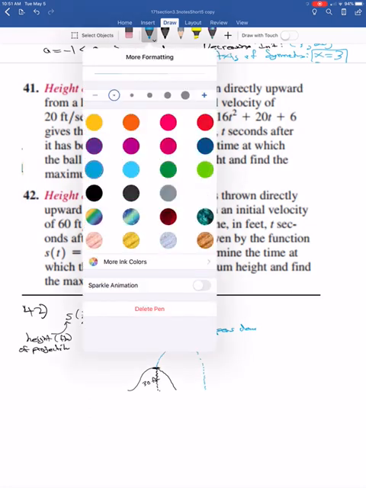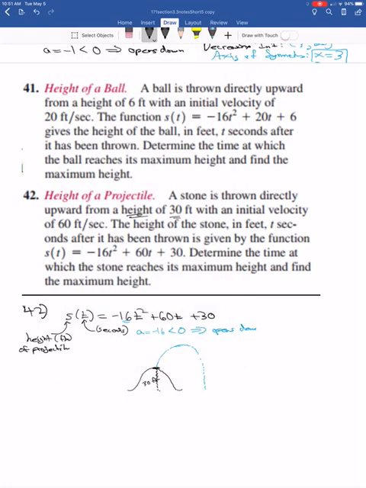So as you see here, there's a visual. Here's the ground. There's our projectile path, that upside down U-shaped parabola. And right here is that max point, right? This is the value of t, s of t. Here's the vertex, the max point of this parabola.